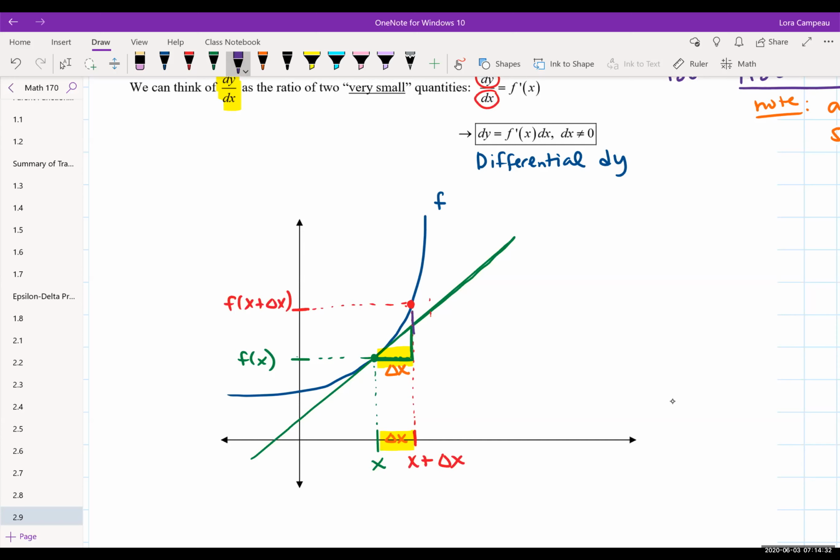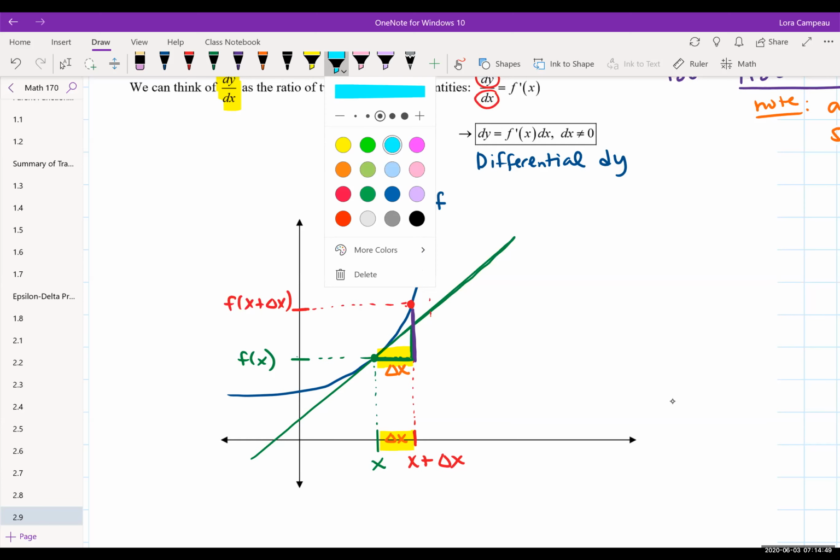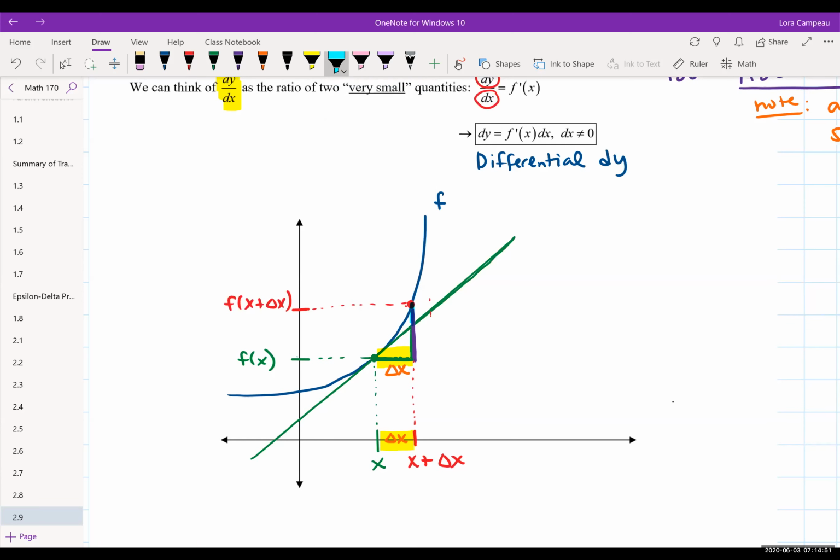My apologies, sometimes I run out of colors, but here I go. So the difference between f of x plus delta x and f of x, using this same sort of idea, I'll keep it in purple.